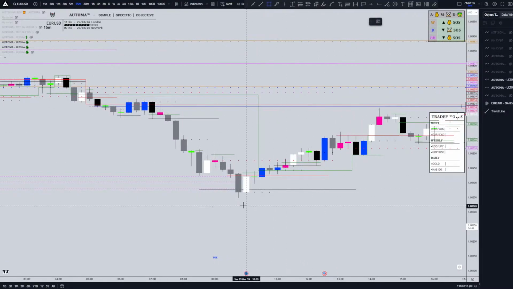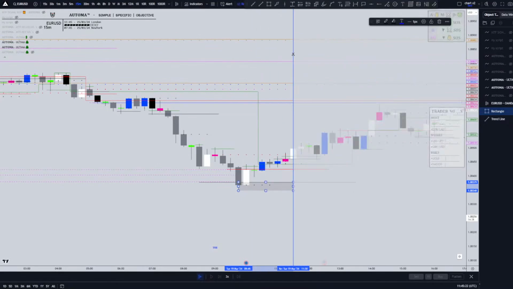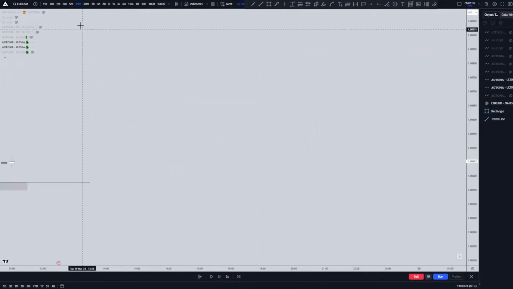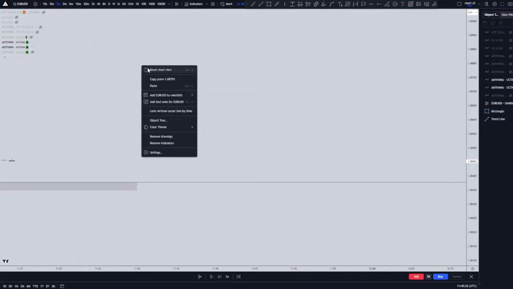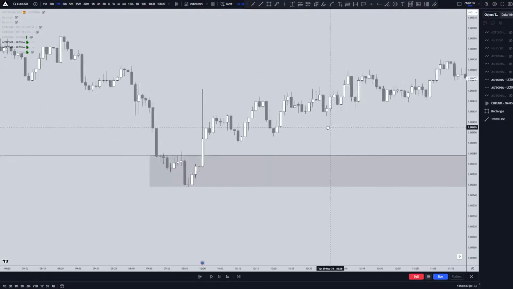So if we go on 1 minute, we would like to see this 50-minute / hourly time rotation on 1 minute price action. Maybe you got something.